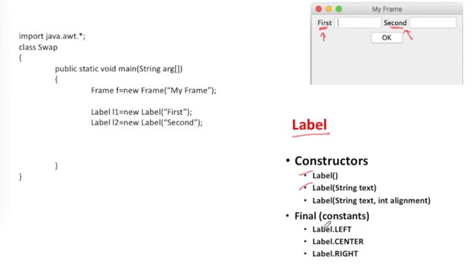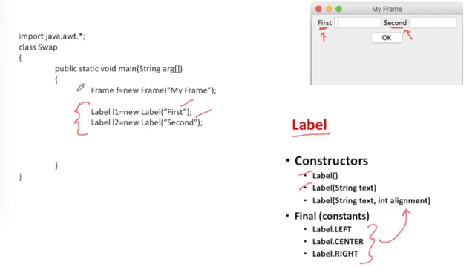You can use the constants defined there, like Label.LEFT, Label.CENTER or Label.RIGHT. Here I have taken two labels, L1 and L2. When they are created, I am making the labels as first and second.